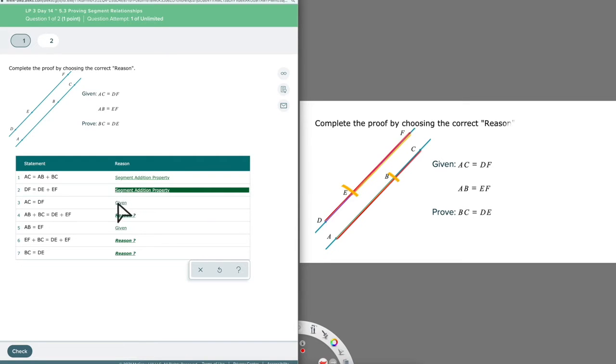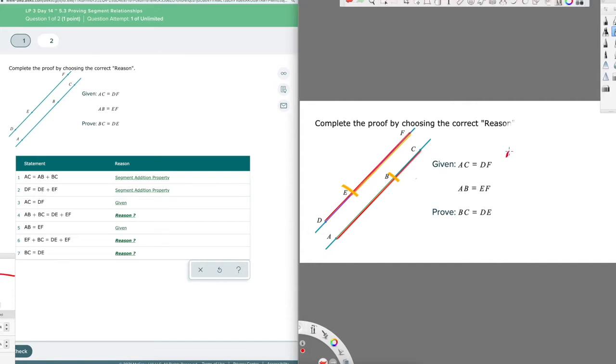Now what we need to do is, we had AC, and I like to kind of write this out. AC equals AB plus BC. And then DF equals DE, I wrote D really funny there, and EF.